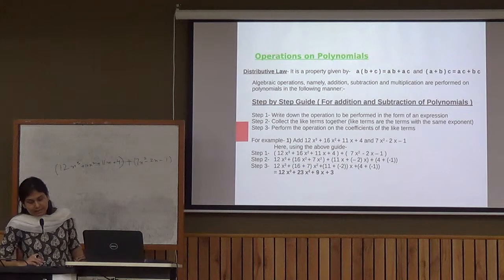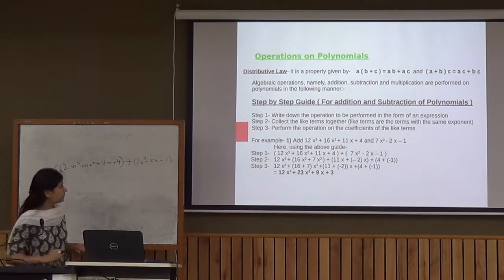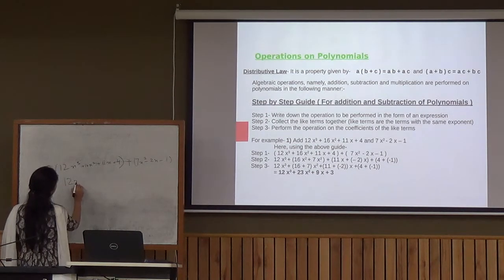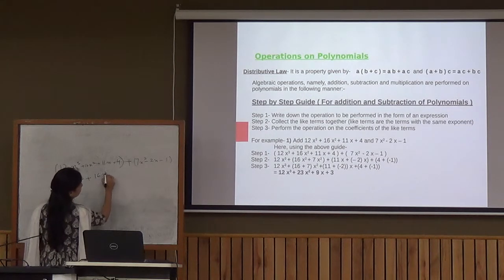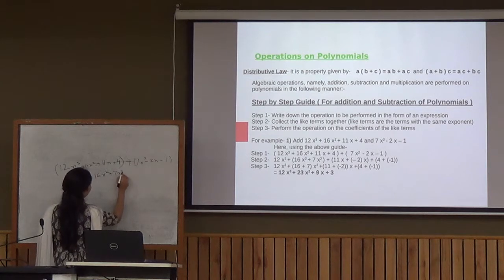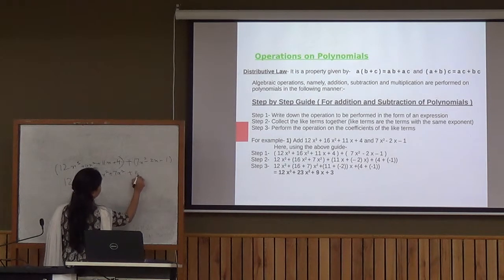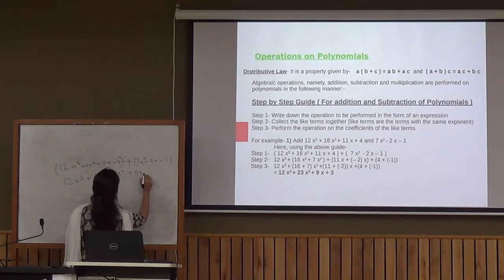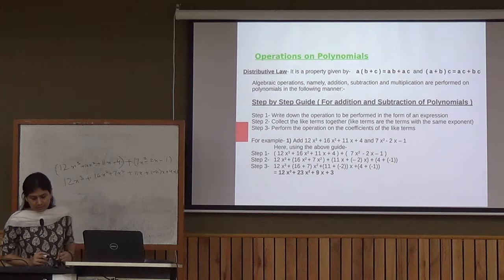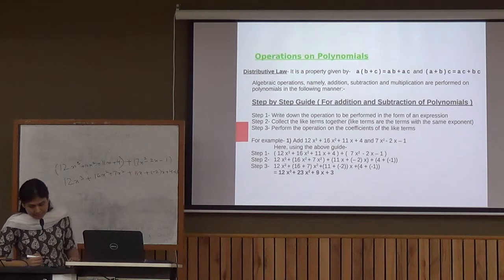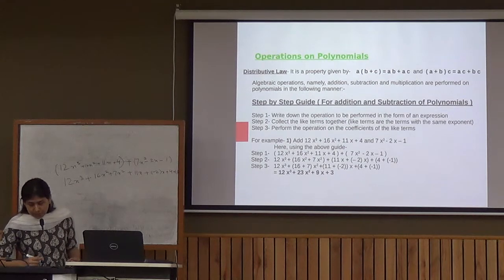Now, step 2, collect the like terms together. So we get, then step 3 lastly is to perform the operation on the coefficients of the like terms.